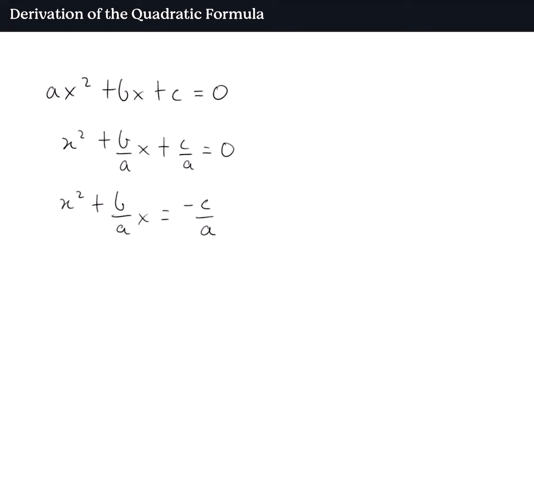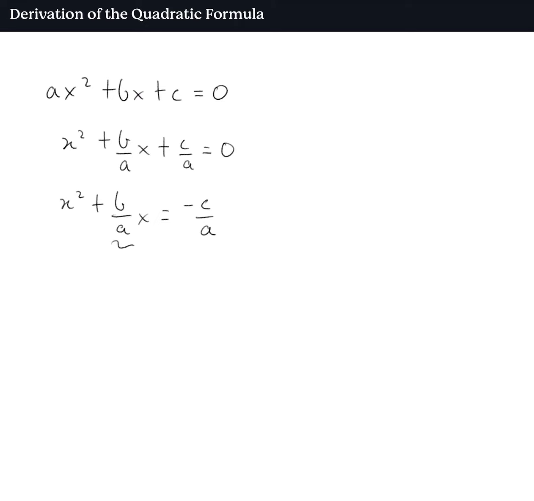This is what you might recall as the method of completing the square, where we look at the coefficient of the x term, we halve that amount, and then we square that halved amount, and then add that value to both sides. So if you look at this, b over a, that's the coefficient of x.